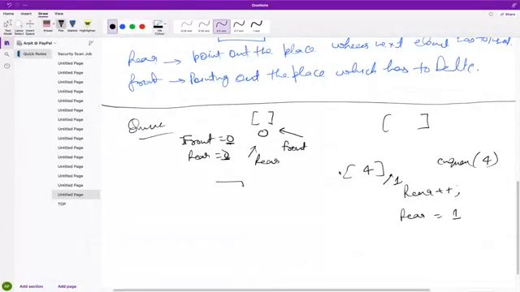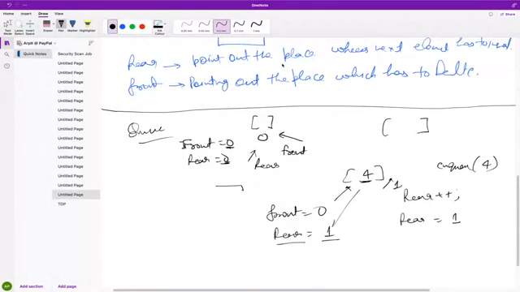Front tells us that if no other person enters this queue, not the stack, this would be the first person who will go out. That's why front points to 0 and rear points to 1, because rear points to the place where the next element has to be inserted.